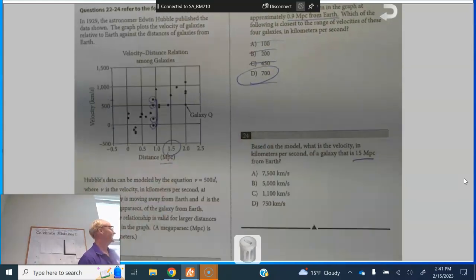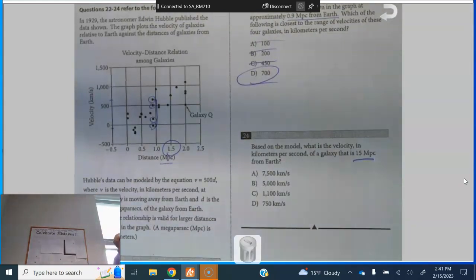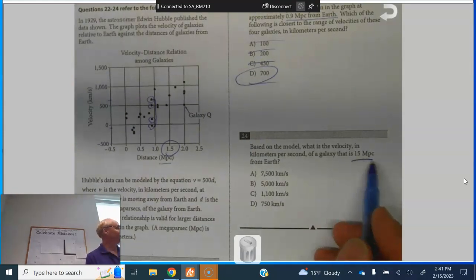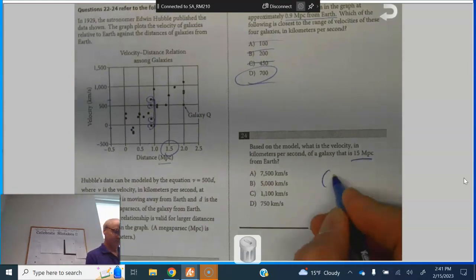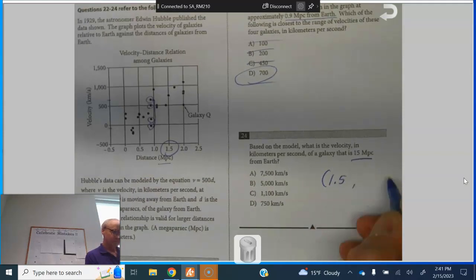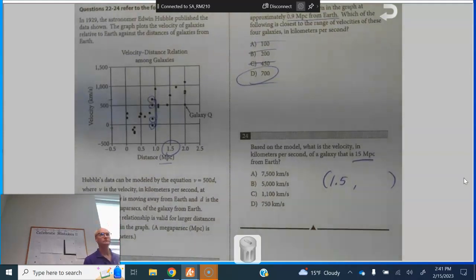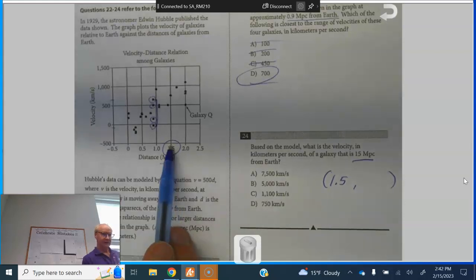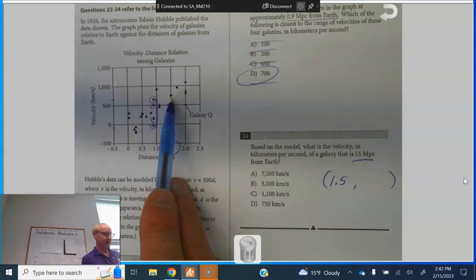I'm going to use this one. Read that one and see if you can figure out how I can find 15. 0.5 goes with a velocity of around 750.